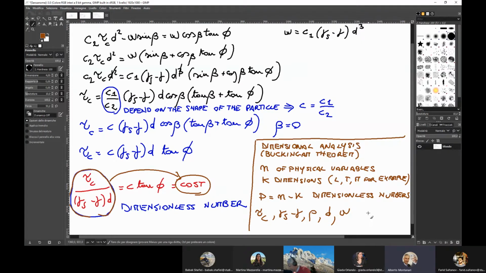So n is equal to 1, 2, 3, 4, 5, and it's equal to 5.